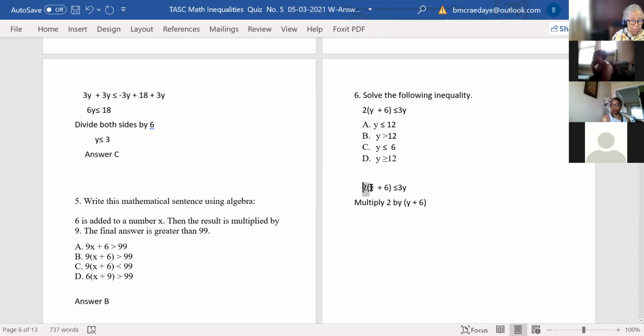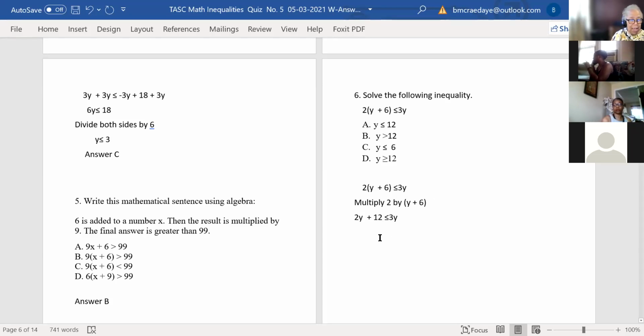Okay, so let's put what you're telling me. So 2 times y is 2y. Let me take the parentheses out. What's 2 times 6? 12. Okay, so let's put in our 12. Now, that's what we have now: 2y plus 12 less than or equal to 3y.